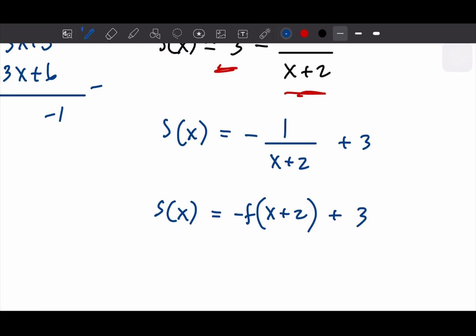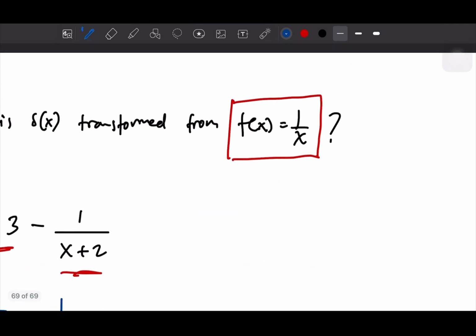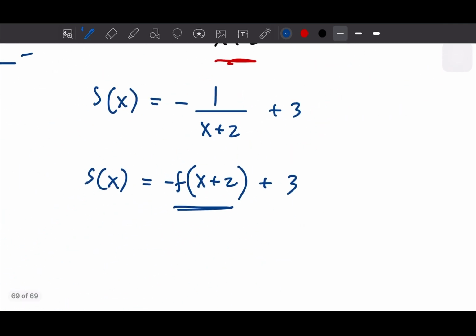So we are having functions of f. This one, we could shift to the left 2 units and then mirror.